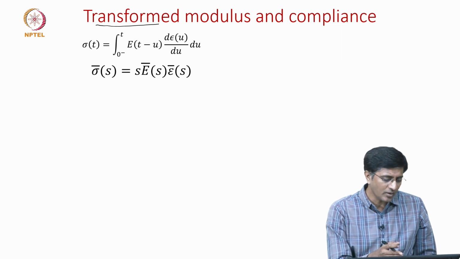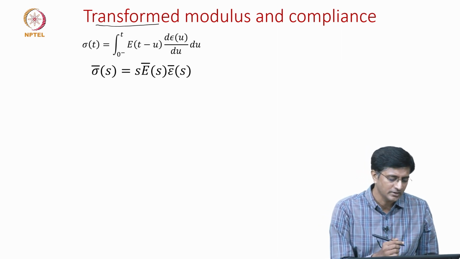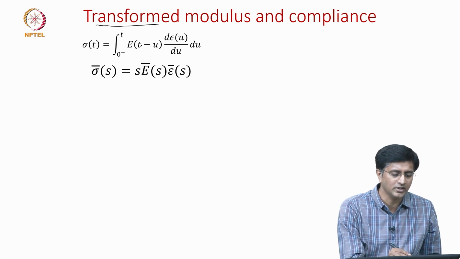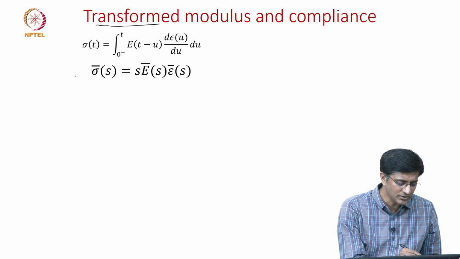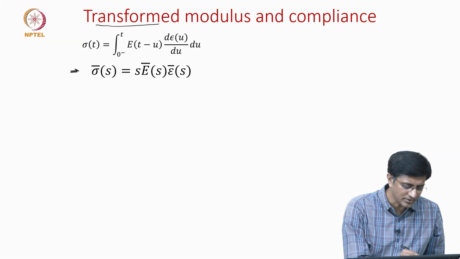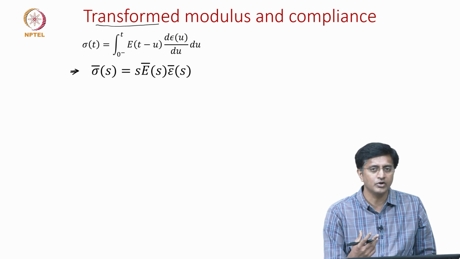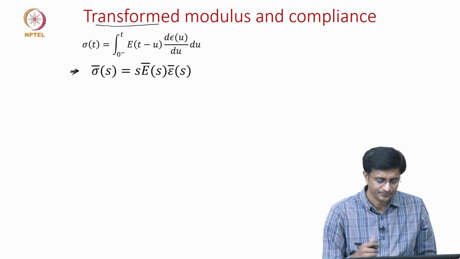So, here we are recapping what we already showed in the previous slide, saying that for stress response, when we start with the Boltzmann integral and we take the Laplace transform on both sides, we got this relation. How did we get this relation? By invoking the convolution integral formulas.